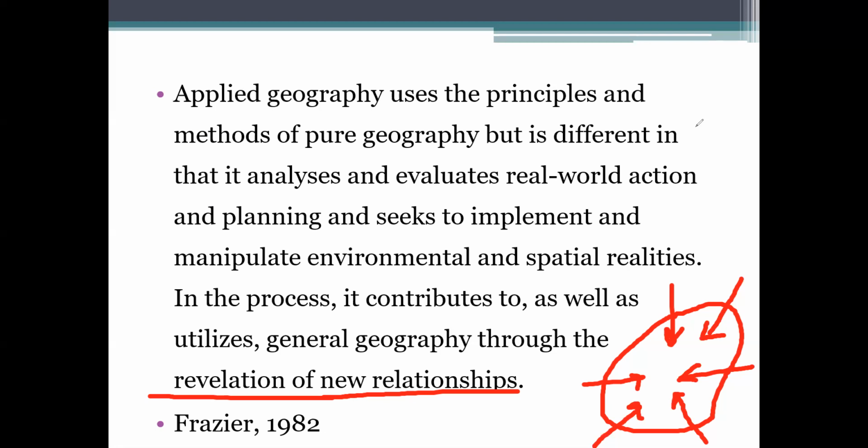Therefore, the applied geographer every time tries to contribute knowledge to the world by using the principles and methods of pure geography and revealing new relationships. That is the idea Fraser explained in 1982.